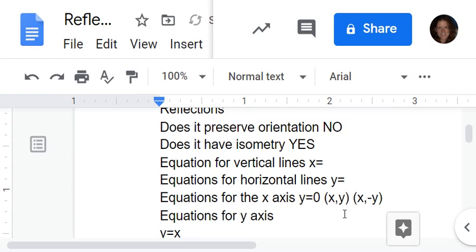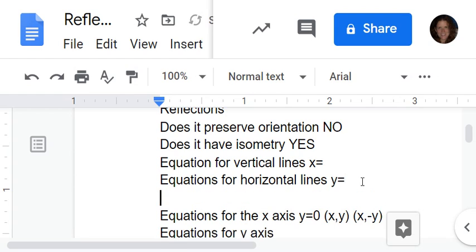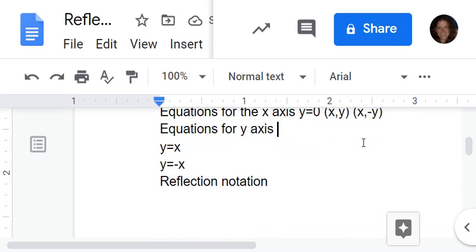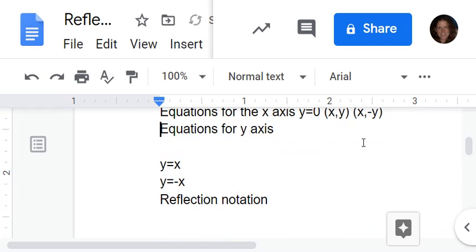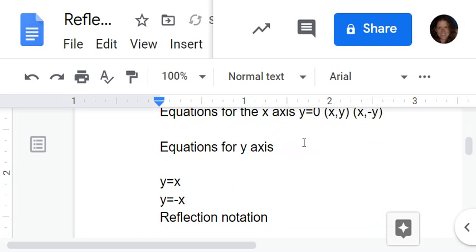The equation for the y-axis, I'm going to space these out a little bit, is actually x equals 0. Its formula is x comma y goes to negative x comma y, where the y stays the same, but the x changes. So let's try this out.